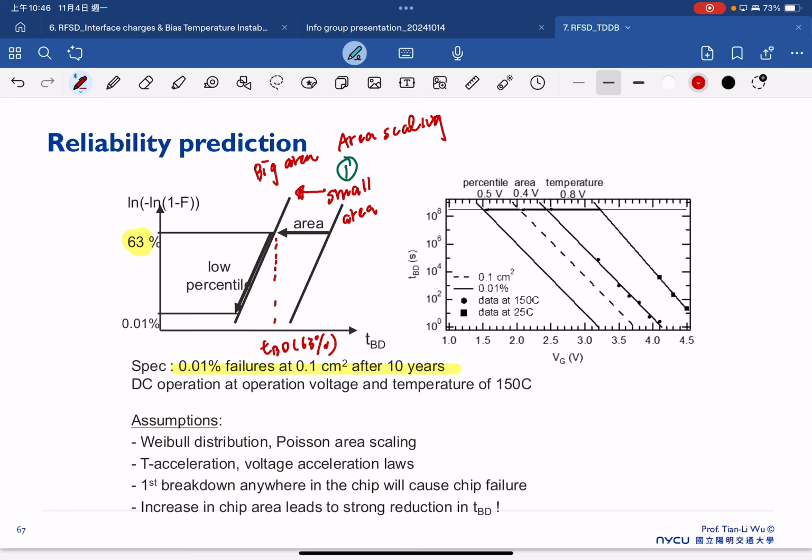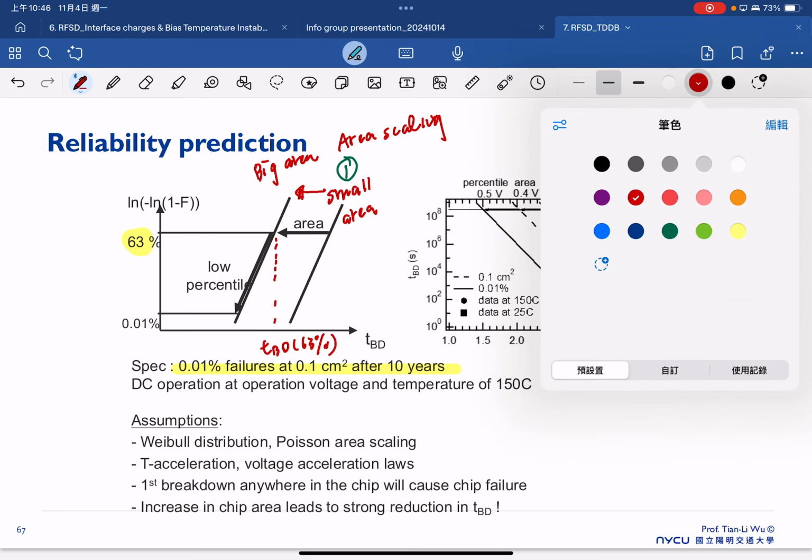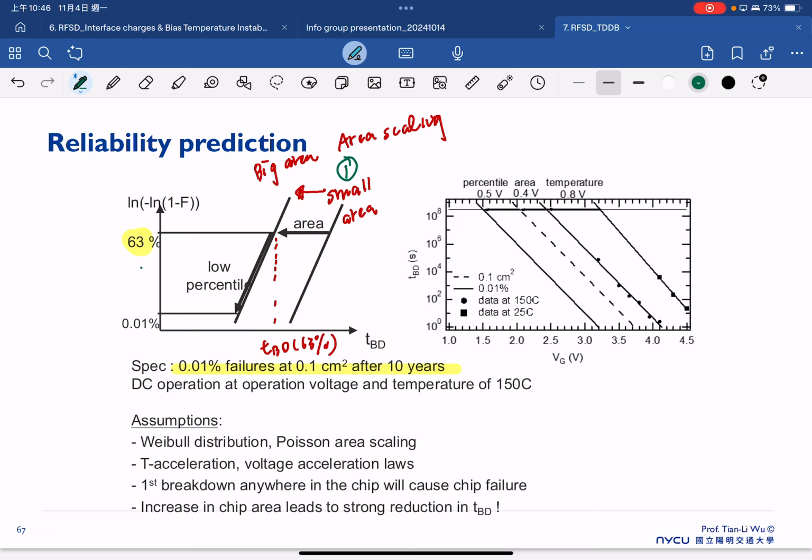But now we have to do the scaling, do the calculation again from 63% shift to 0.01%. So now this is 0.01. Because for sure, the customer won't be interested in the 63% value time. They will only be interested in the percentage that is extremely small. So that's 0.01% here.